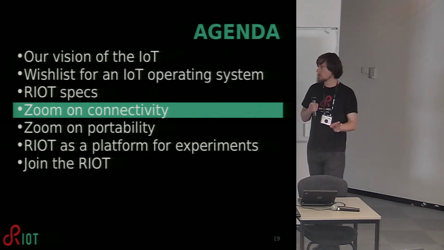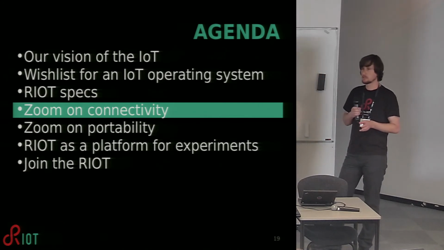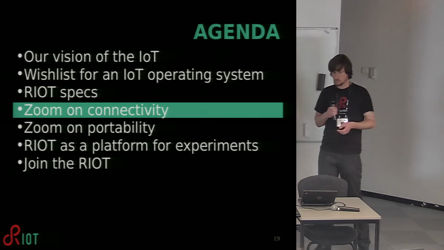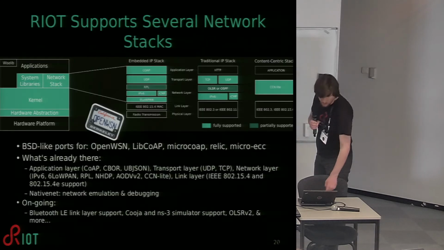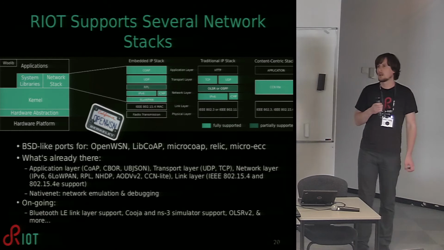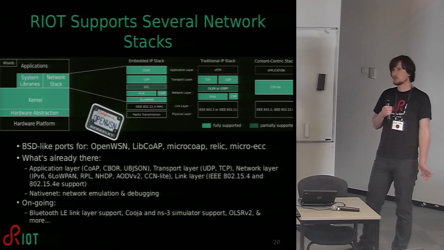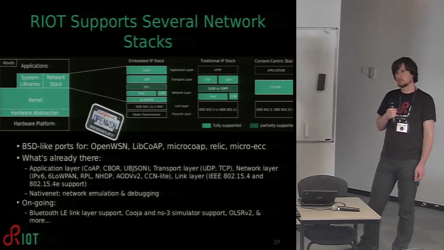So let's focus on two important things for an operating system for the IoT, which are connectivity and portability. For the connectivity, we think that there's not one solution that will fit all scenarios and all use cases.